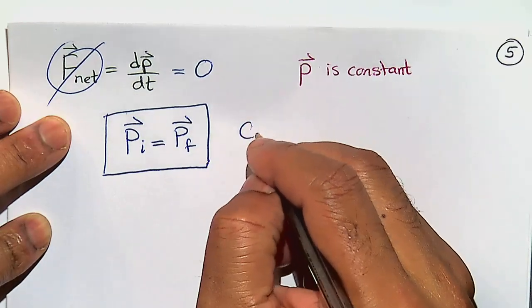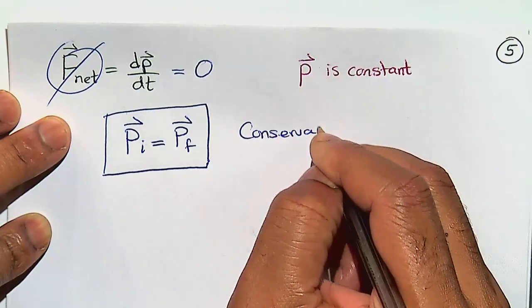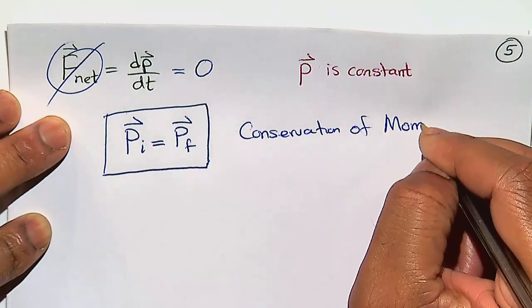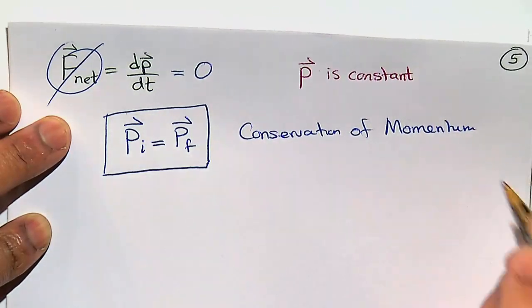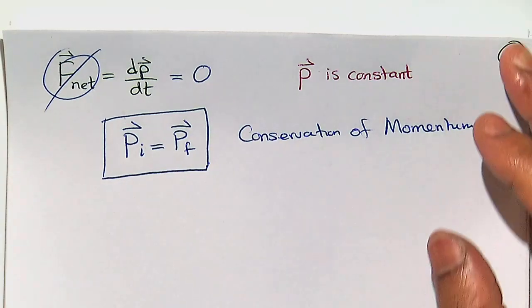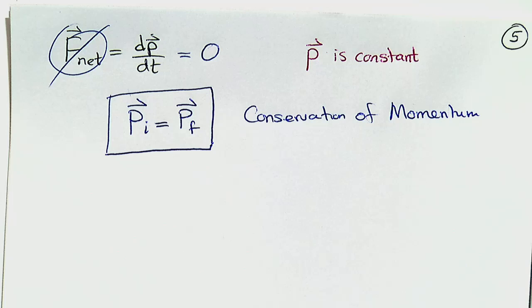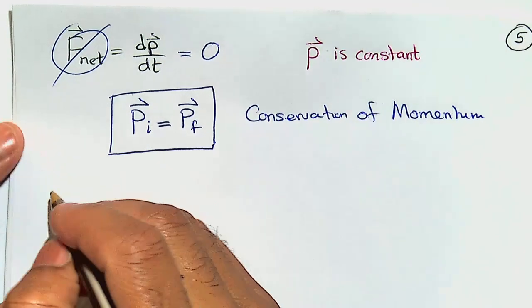Okay, this is the conservation of momentum. Okay, conservation as in preserve, right? So the initial momentum is preserved, right? Before and after, they're the same. Okay. So for this to be true, there are two requirements.